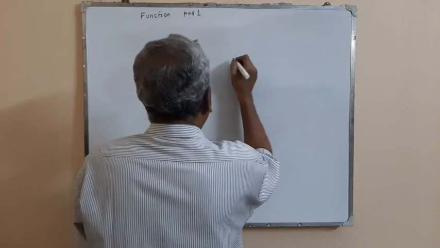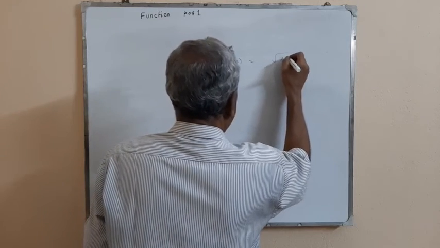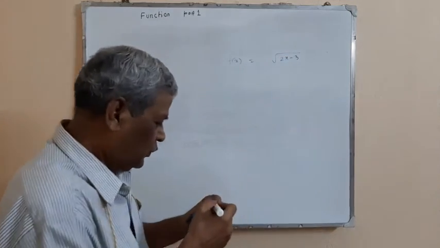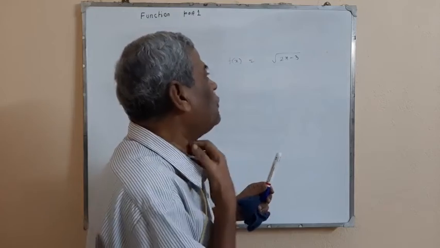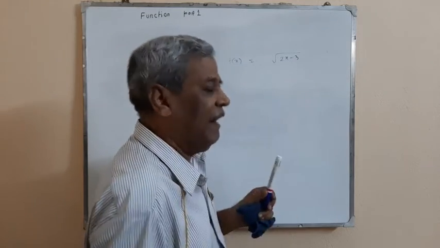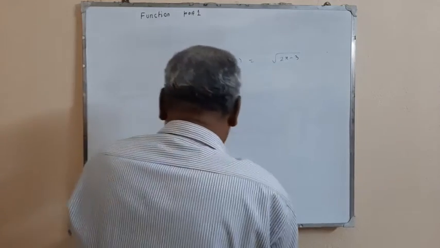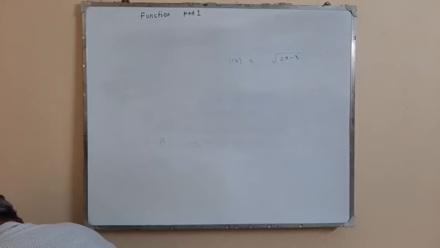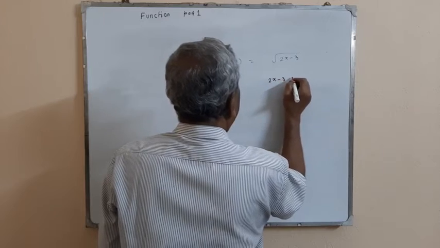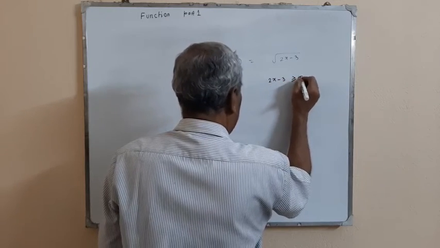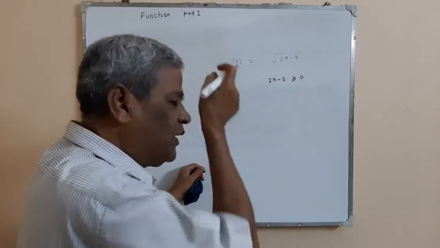For example, say, suppose f(x) is equal to the square root of (2x - 3). For this function, it would be real provided 2x - 3, which is under the root, is positive or equal to 0. So if 2x - 3 is greater than or equal to 0, then this is positive and the root of a positive quantity is real.